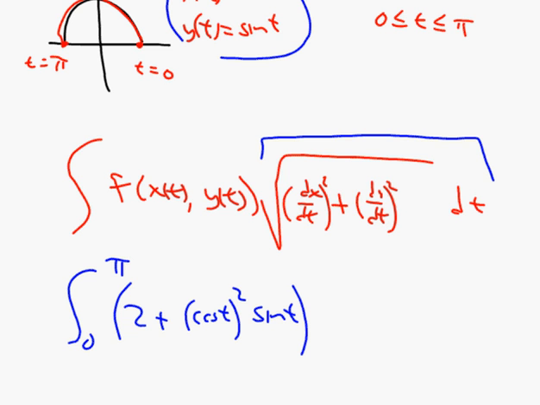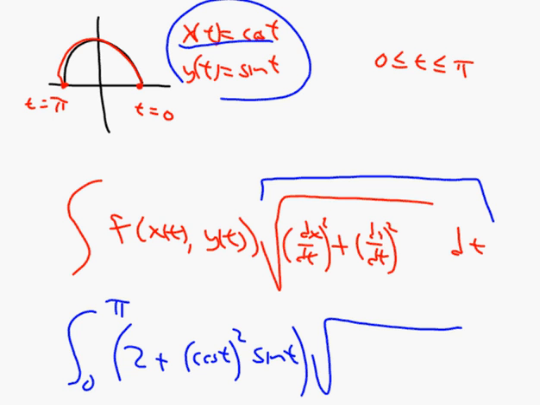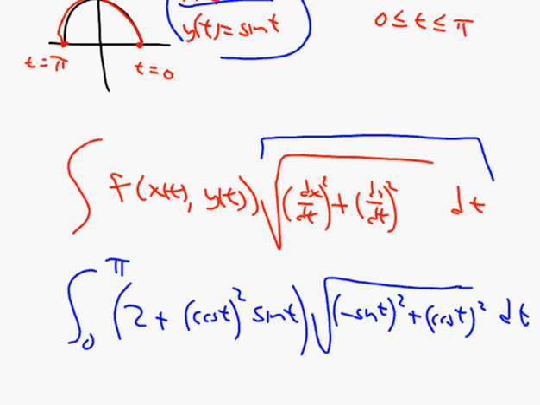Okay? And then over here, this becomes the square root. Well, x prime of t, the derivative of the x component of this thing, is negative sine of t quantity squared plus the derivative of y of t would be cosine of t quantity squared dt. All right, so that's what we have.